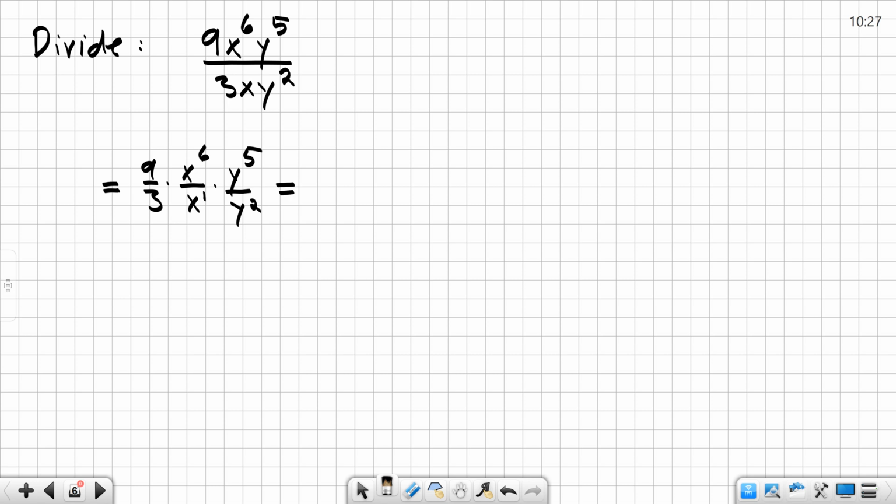And now I'm using my rules. With the numbers, I'm just dividing. 9 divided by 3, that will be 3. And x to the 6th divided by x to the 1 is x to the 6 minus 1. Multiply this by y to the 5 minus 2. And now I'm just cleaning up everything. I will get 3x raised to the 5th times y raised to the 3rd.